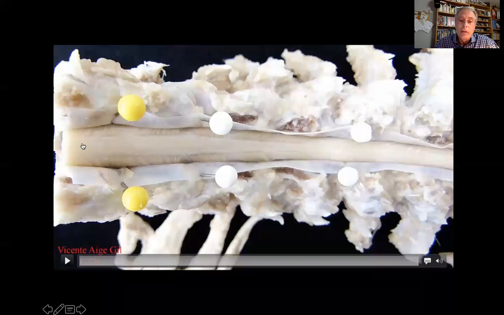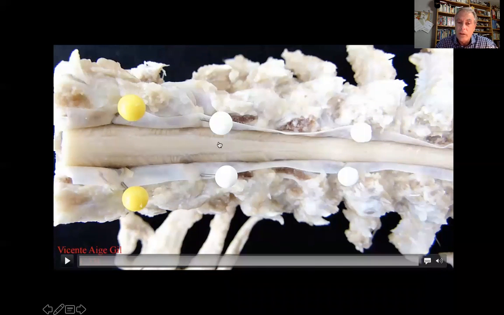Here, this is a dorsal durectomy to identify the spinal cord from the cervical level. And as you see, this is the dorsal funiculus that is quite wide at the cervical level. And you see all the small roots that are going to join to form a dorsal root of a spinal nerve.